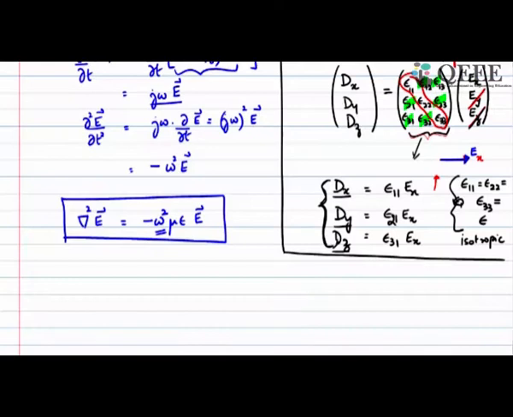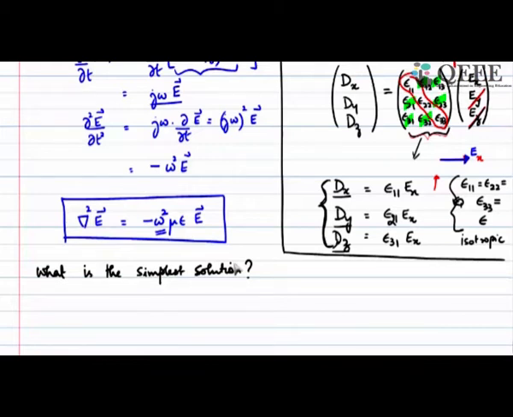Okay, so we will continue, go back to our wave equation, and now the question we are asking ourselves is, what is the simplest solution? I mean, there could be multiple sets of electric fields which satisfy this wave equation.